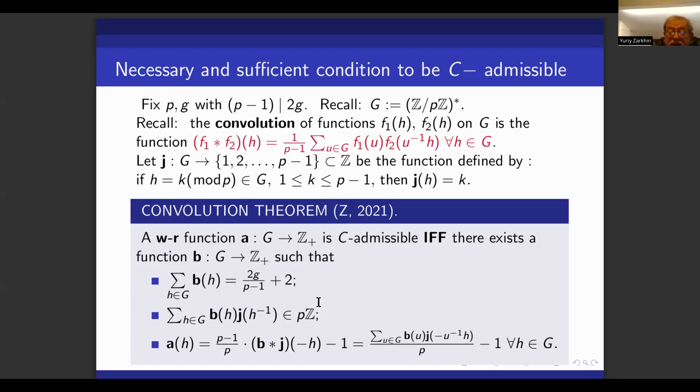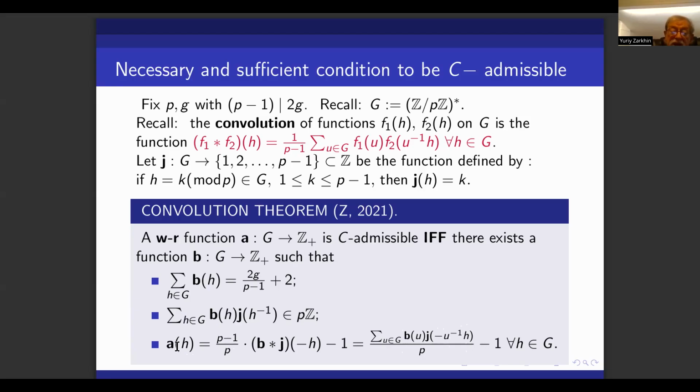And the last condition, certainly the most important, tells you how you could obtain A from B. Namely, we take the convolution of B and J, evaluate it at point negative h, and multiply by P minus 1 divided by P. So we just do summation of the products of B of u and J of minus inverse of u times h, divide by P, and subtract 1.